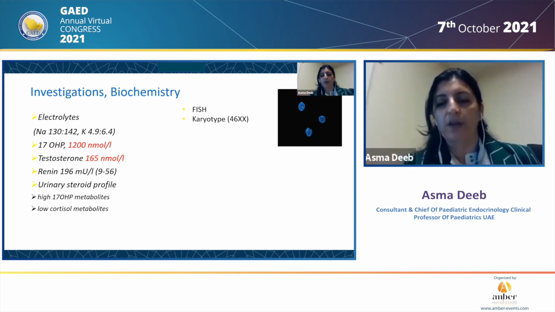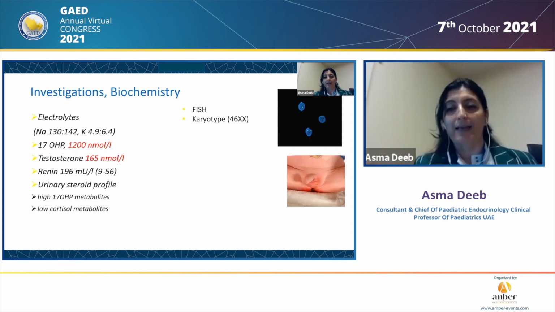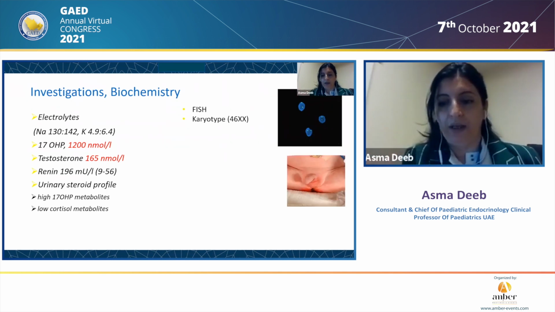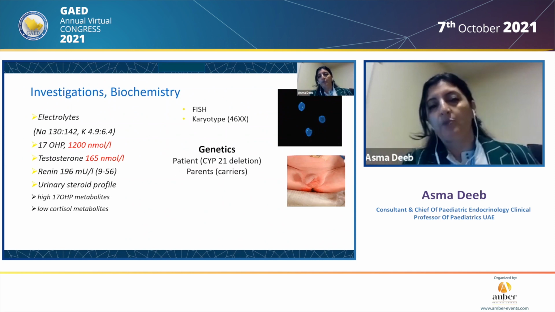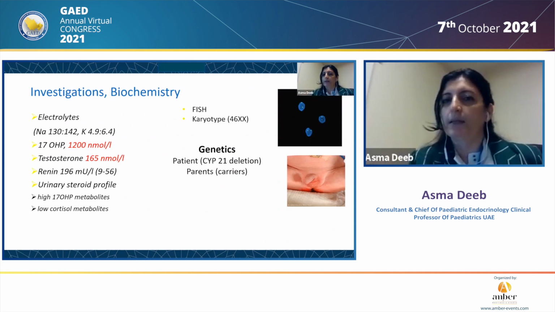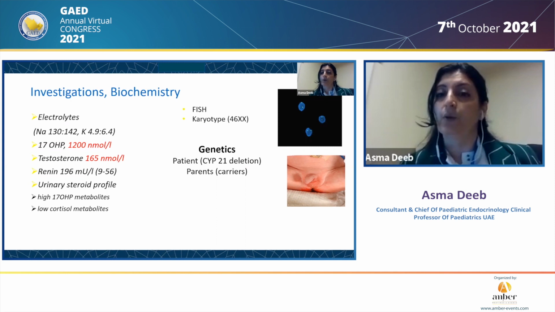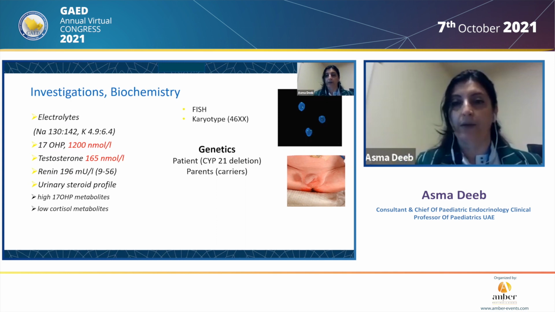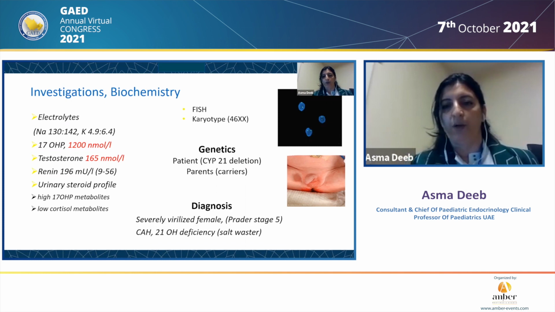And the karyotype for this baby was 46XX, despite the male-looking genitalia. Genetics of this baby confirms that the patient has CYP21 complete deletion of the gene, and both parents were carriers of CYP21 deletion.